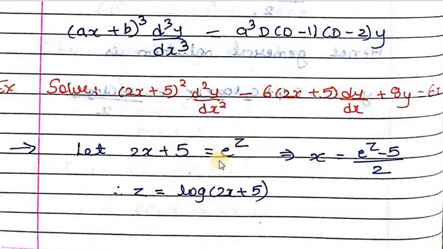Making x the subject, we have x equals (e^z minus 5) divided by 2.